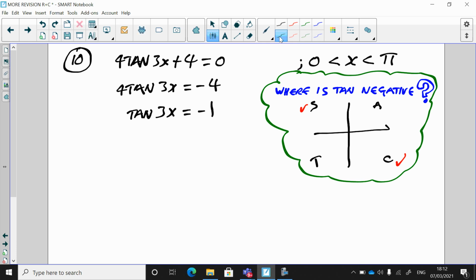Am I going to work in radians here? No. In the written solutions, I've done it in degrees. So what I'm going to do is, no, I've worked in radians.